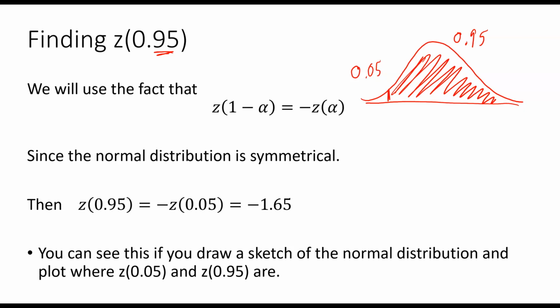And so if we look through table 3, we will find that the z-score that has 0.05 to its left is minus 1.65. And we may have seen that earlier because of the symmetry of the normal distribution. Before, we just looked at the right-hand side. This is just like looking at the same, except the 0.95 and the 0.05 are reversed.